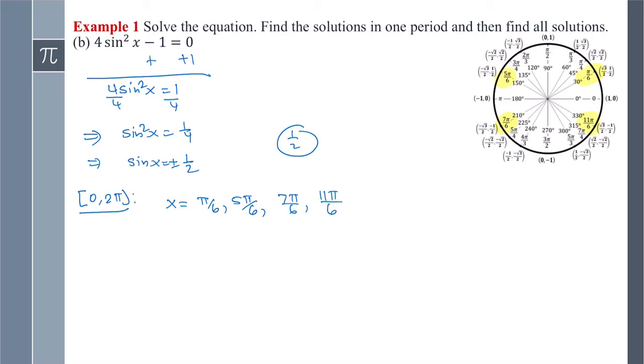Now if I have to write the general or all solutions, then I will use exactly the pattern that I used in the previous example.